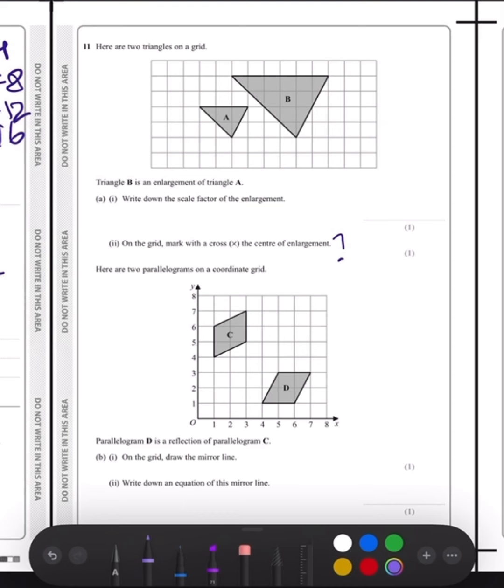But they would never ask you what is the center of enlargement, because here they're clearly asking about the enlargement and not the reflection or any other transformation. So we know it's an enlargement. They're asking what is the midpoint from which A changed its shape into an enlargement and became shape B, a similar shape, but in a bigger version, which is also known as the enlargement.